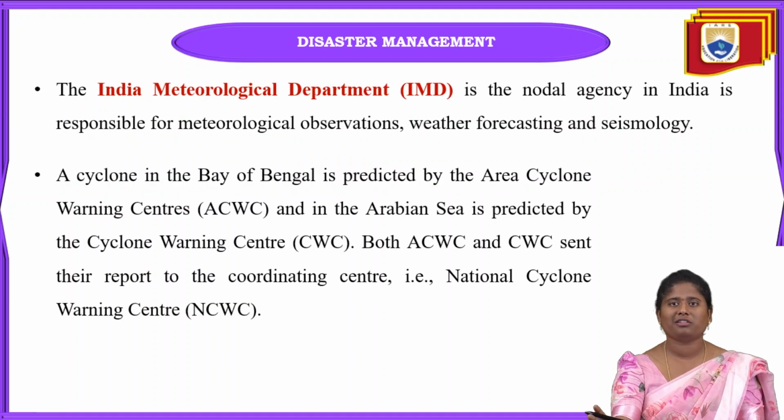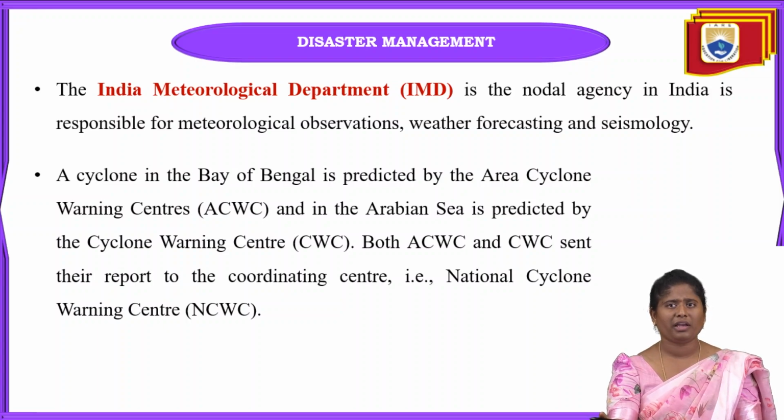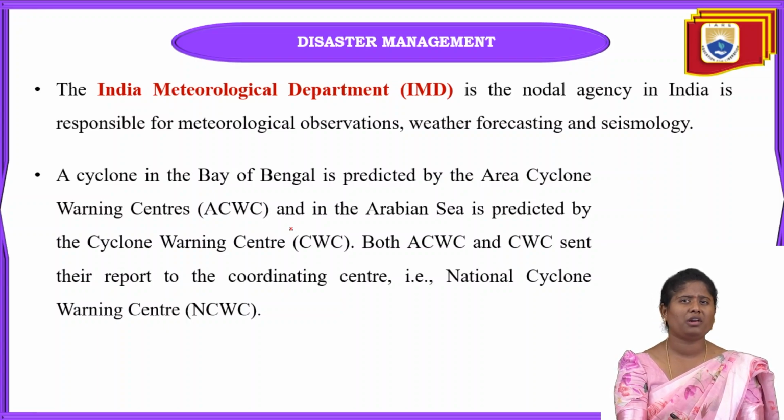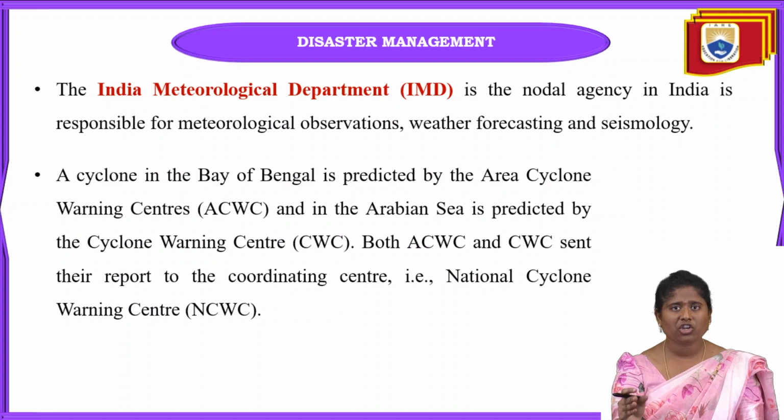And this one is the overall summary of the cyclone-prone areas, that is, the overall warning systems for these cyclones. Mainly the IMD department is the main agency in our India responsible for weather forecasting, seismology, and meteorological observations. If a cyclone occurs near the Bay of Bengal, say around the Andaman and Nicobar Islands, it has to be predicted by the area cyclone warning centers, as I just told you.